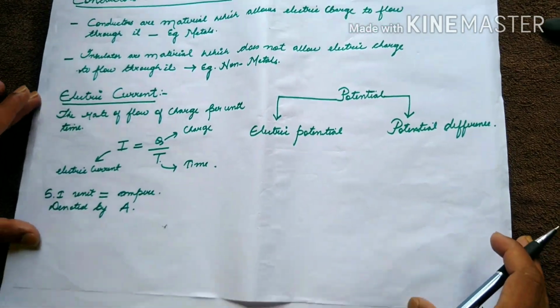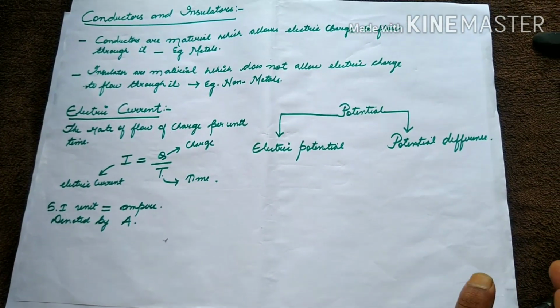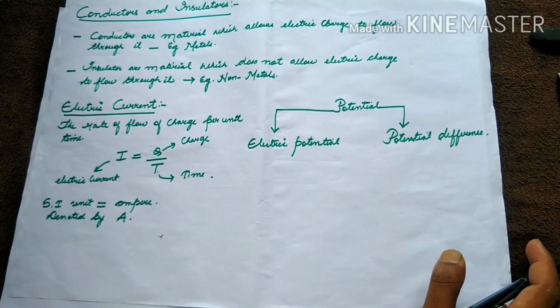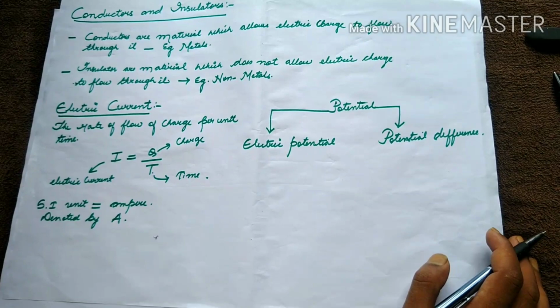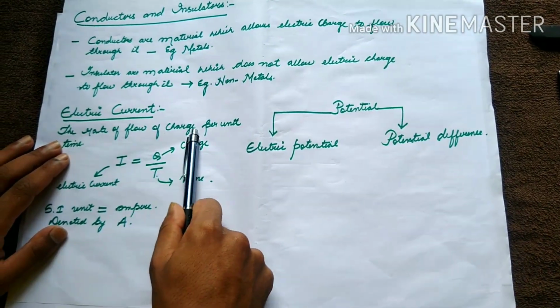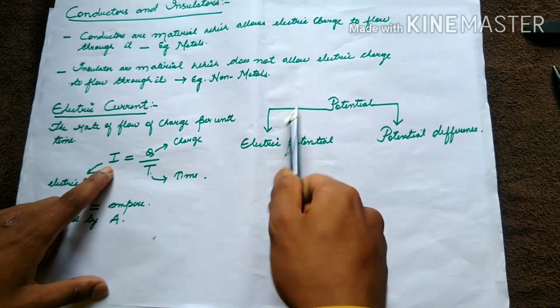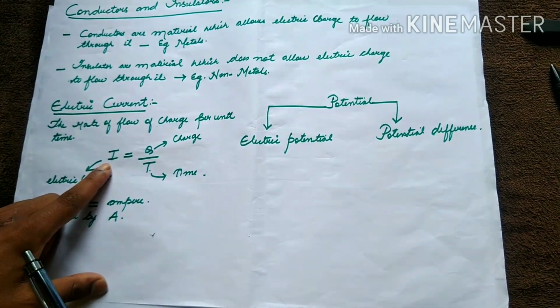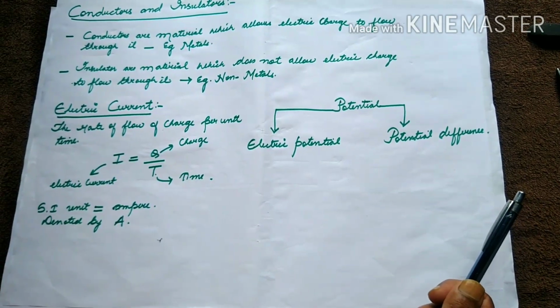After this, we will discuss electric current. What is an electric current? Since we already know about charges and electricity, now it's time to learn about electric current. It is the rate of flow of charge per unit time. That means how many charges are flowing through a conductor in a specific time.